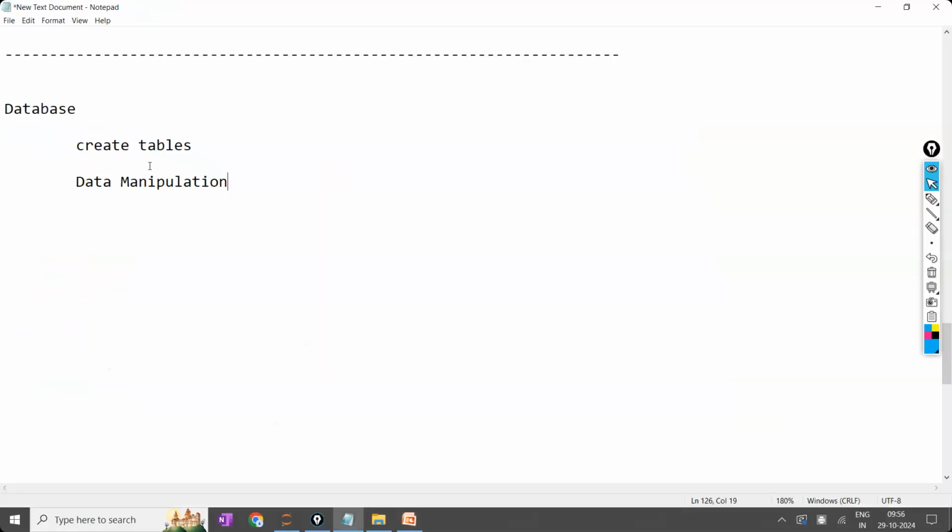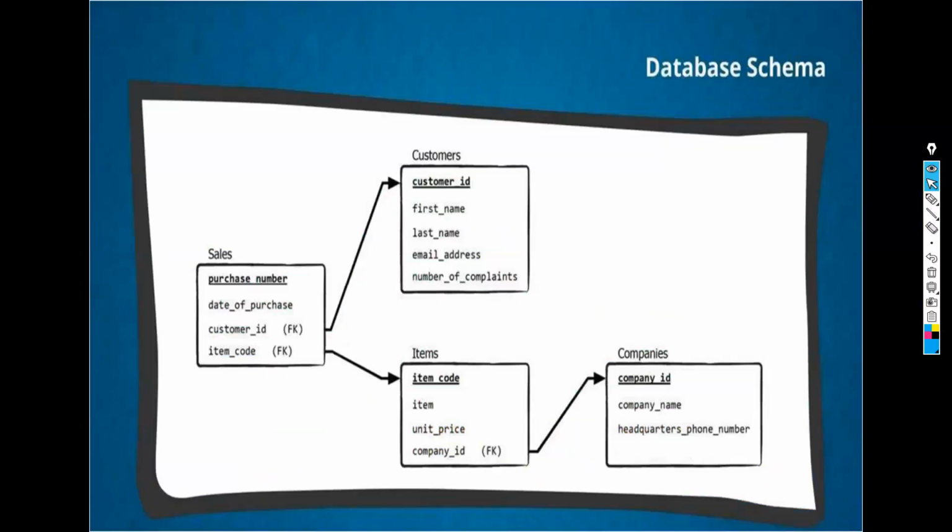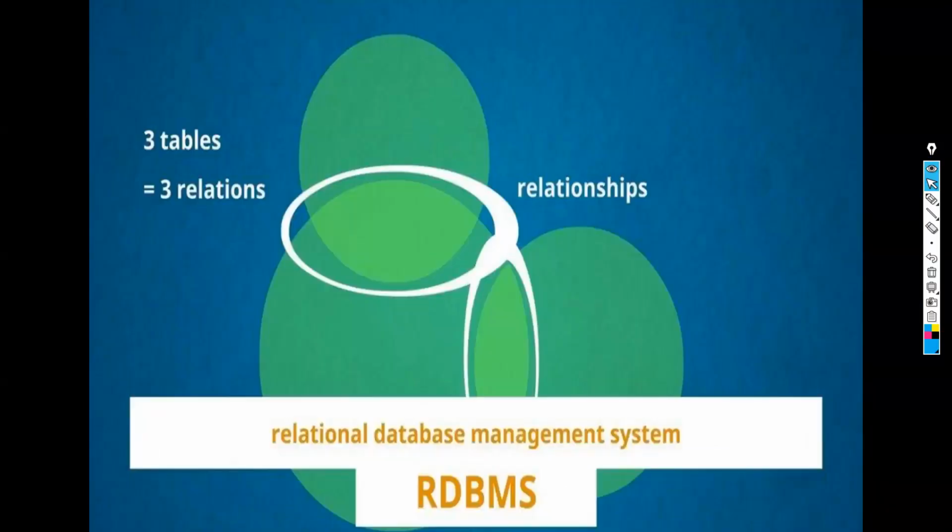So whoever is creating the database has to create the tables and give the connections between the tables. How we have to give it, what is the code, we will discuss everything one by one. The connection between the tables is nothing but the database schema.